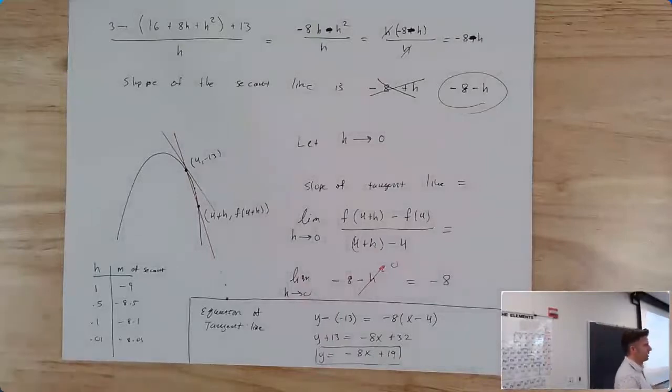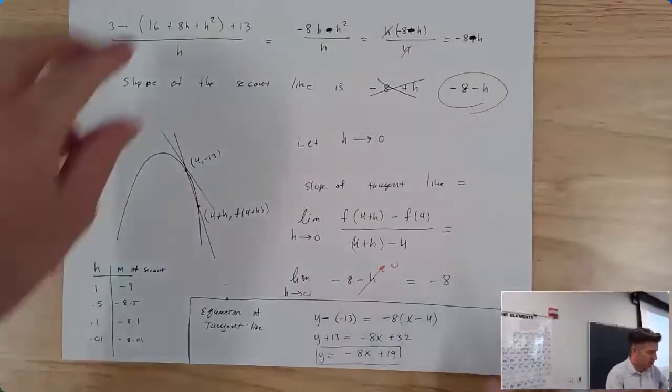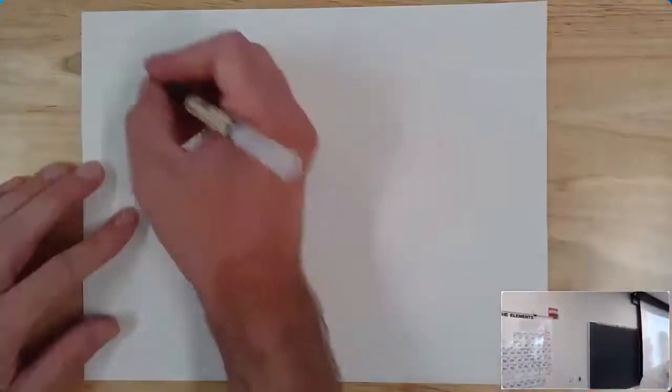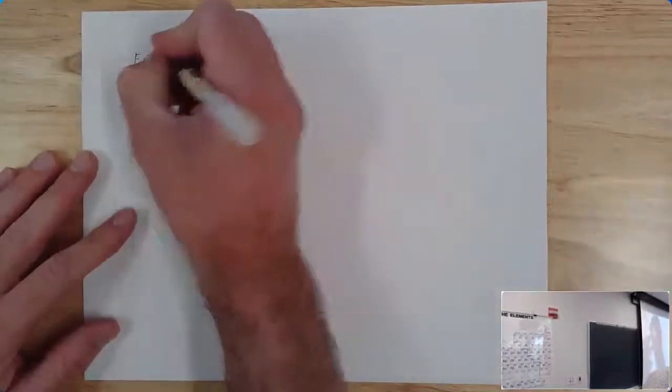So let's do one more example because this is where it's all leading towards eventually. So let me ask another question that's similar but a little bit different. Let's say we want to find, we'll do slope this time.